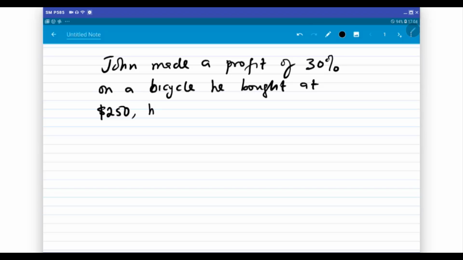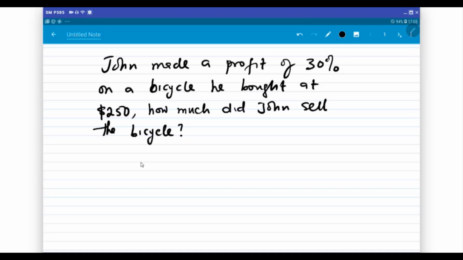How much did John sell the bicycle? So John made a profit of 30% on the bicycle he bought at $250. How much did John sell the bicycle?